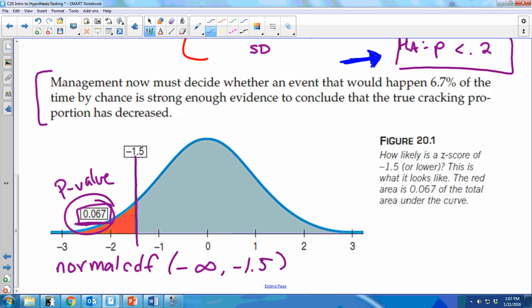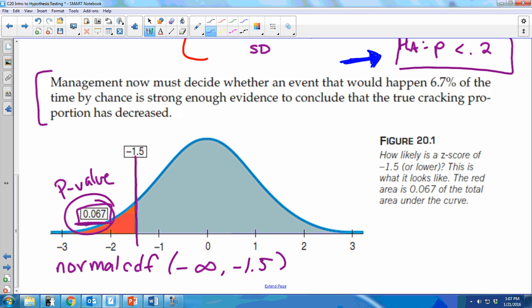If something happens 6.7% of the time, is that super unusual? Not super unusual, and we want it to be super unusual. If it was like 0.2% of the time, that would be unusual, right?